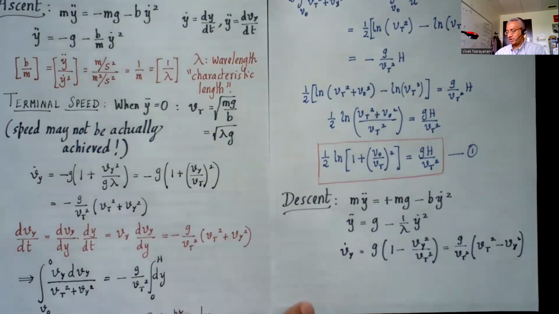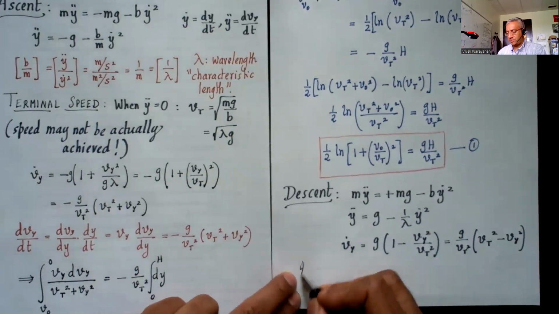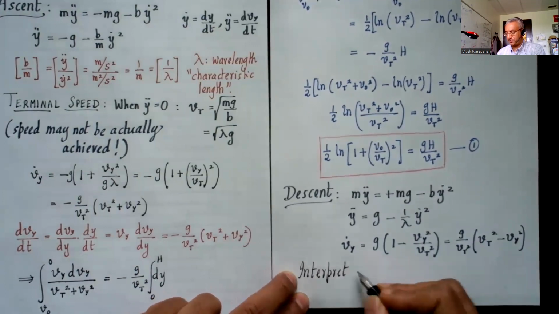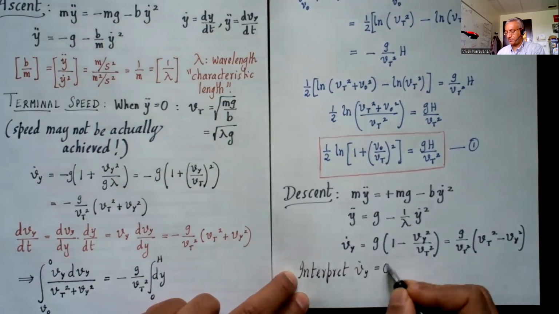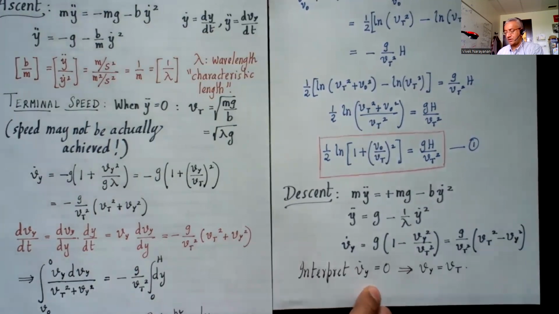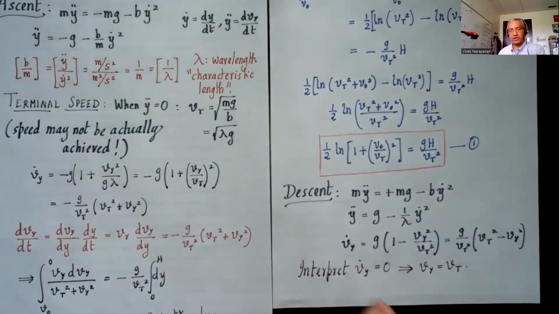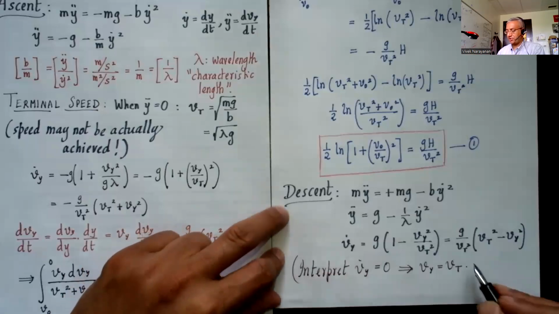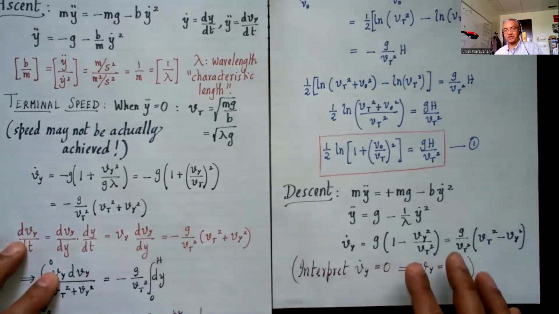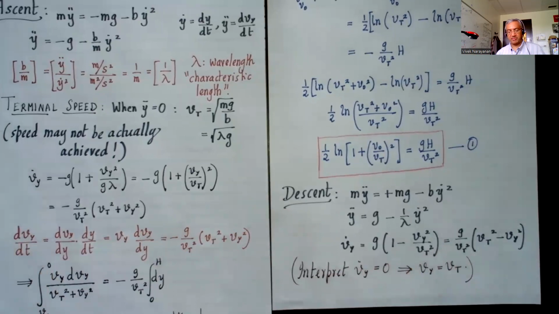So we'll interpret the terminal speed at this point. Whether that happens or not in our problem, we don't know. If the height is not much, then the terminal speed is never achieved. But anyway, that's just the interpretation of the terminal speed. I told you it's on the way down that the concept of terminal speed even makes sense.